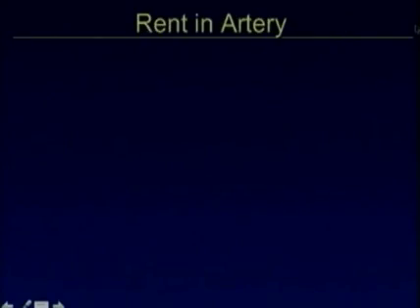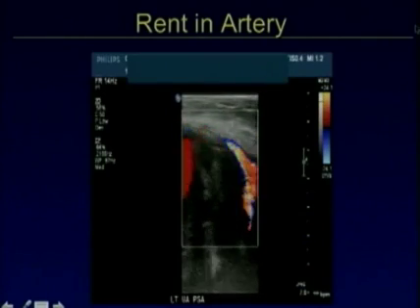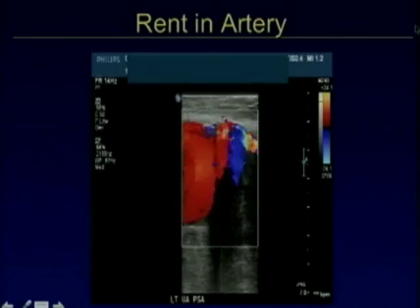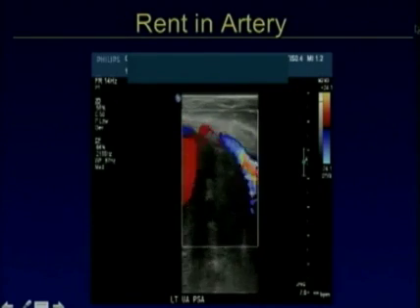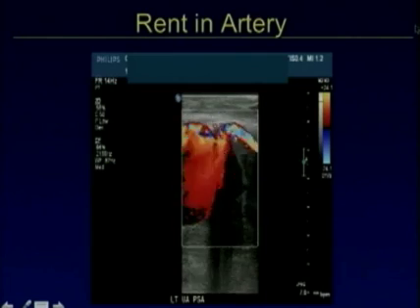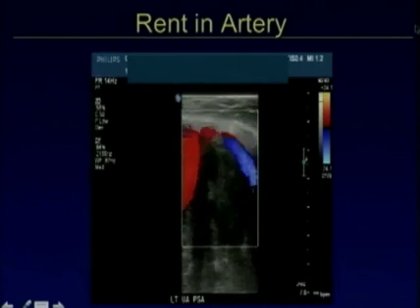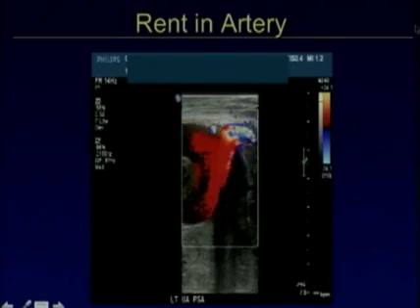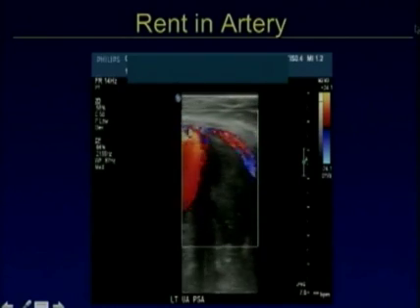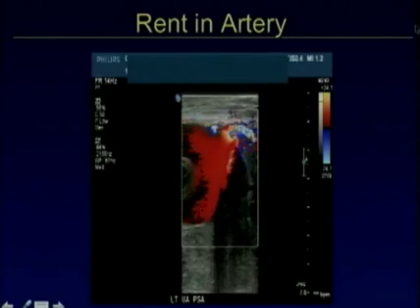Well, when you look at it a little bit more carefully, there's actually a rent in the artery that is feeding this graft, and here's the rent, and that's just draining into a huge perigraft hematoma. And this is a surgical emergency. If you see this after you've diagnosed it, you should hold pressure, because you can get a compartment syndrome in a hurry, and the patient can bleed quite a bit into an extremity.